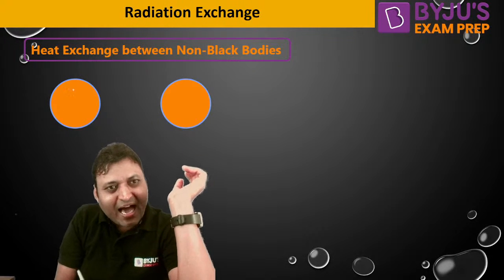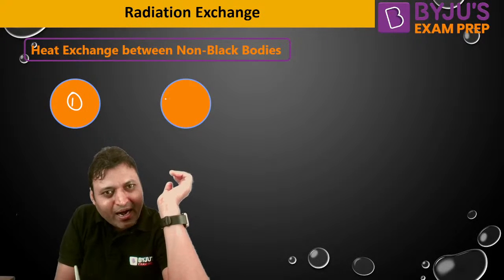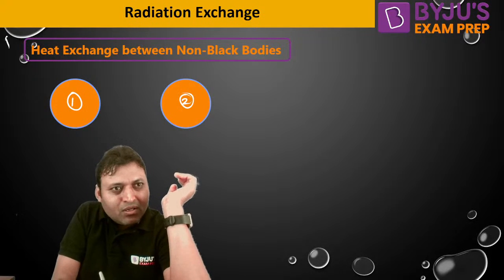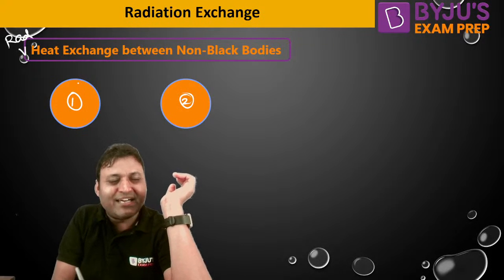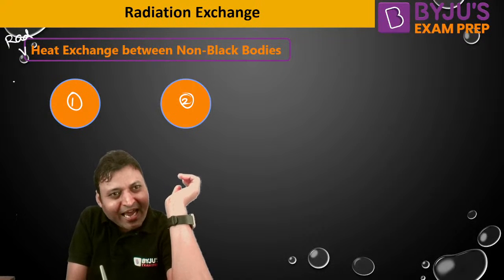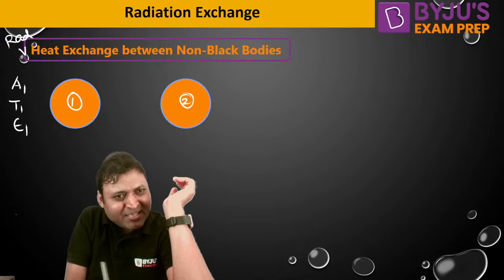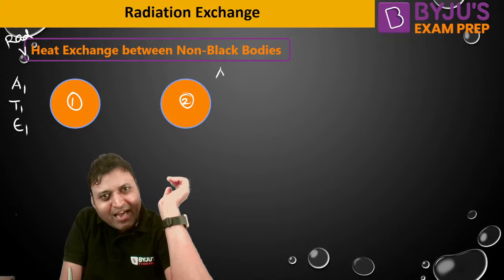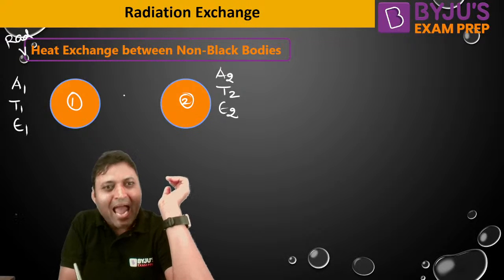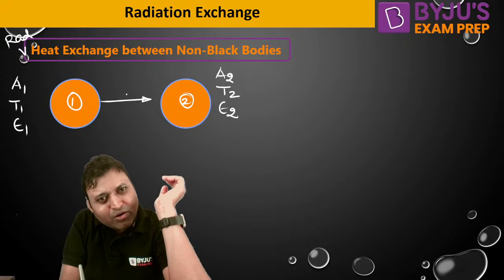Now we are totally ready to develop the expression for the radiation heat exchange between non-black bodies. There are non-black body 1 and body 2. The area of non-black body 1 is A1, temperature is T1, emissivity is epsilon 1. Similarly, the area is A2, temperature is T2, emissivity is epsilon 2. And we need to find out Q12 net.